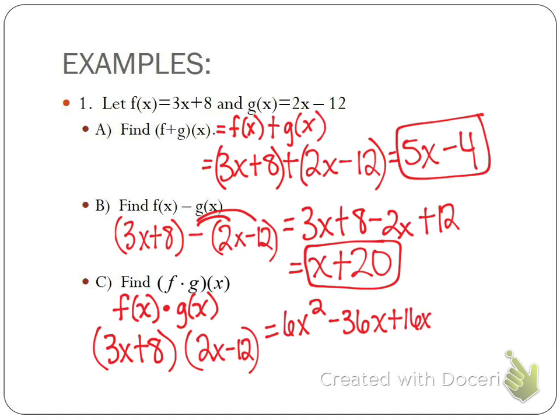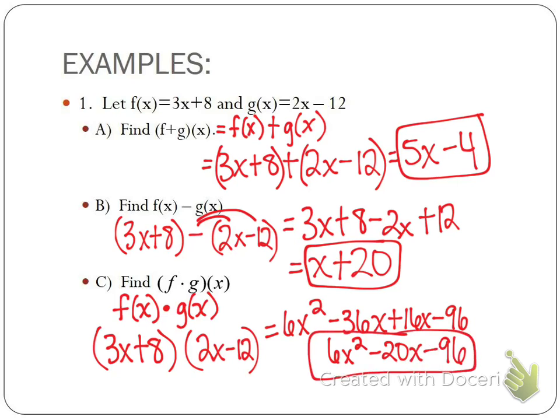Positive 16x. And 8 times negative 12. Negative 96. What can we do here? Okay, we can combine those terms in the middle. So we end up with 6x squared minus 20x minus 96. Good.